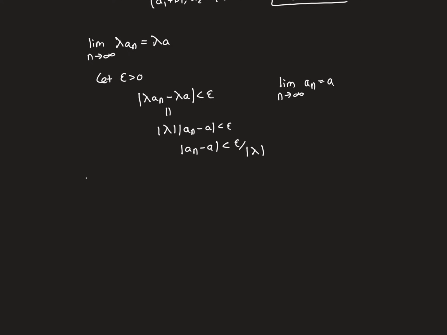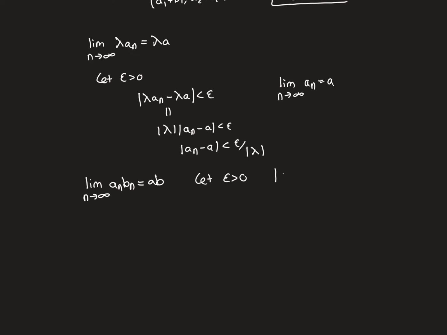So next up, we want to show that the limit as n approaches infinity of an times bn is equal to a times b. So again, take a general epsilon, so let epsilon be greater than 0, and we want to show that there exists a big N such that for it and all the terms afterwards, the difference between the terms of the sequence and the limit is less than epsilon.